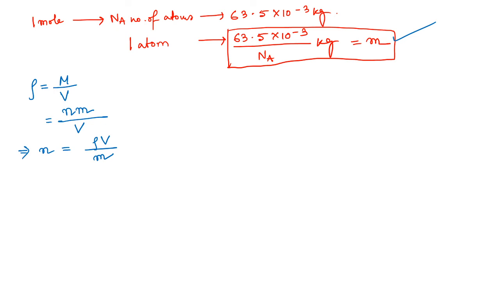That is, number of atoms equal rho v by m, or we can say number of electrons equal rho v by m, right?